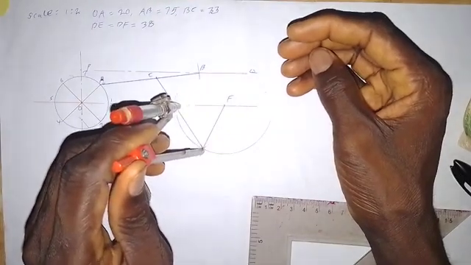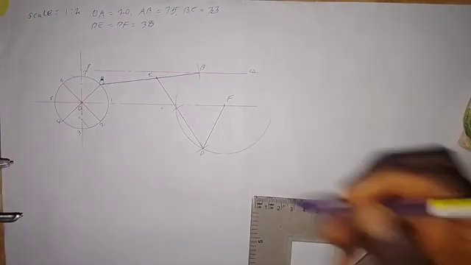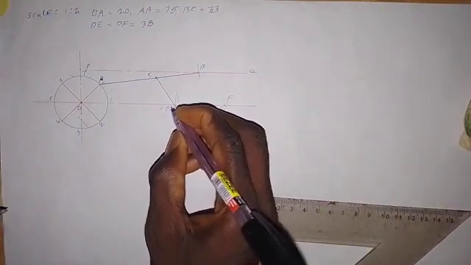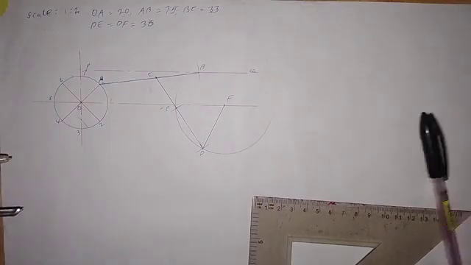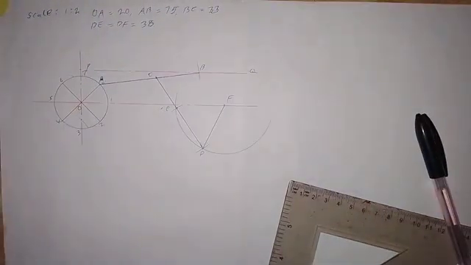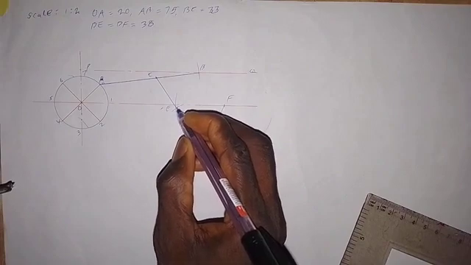I'll just make an arc here like this, as DE is 38 millimeters. So this point now is point E. If you look at the diagram as I showed you, we have everything that we need here. So everything is there. So the next thing that we are going to do, we have located the first point E. So we need to locate the other point E.